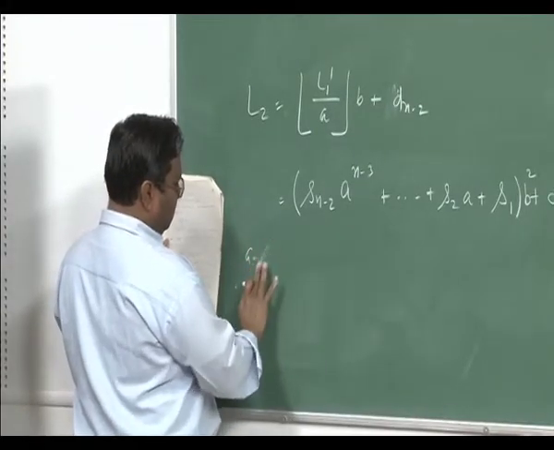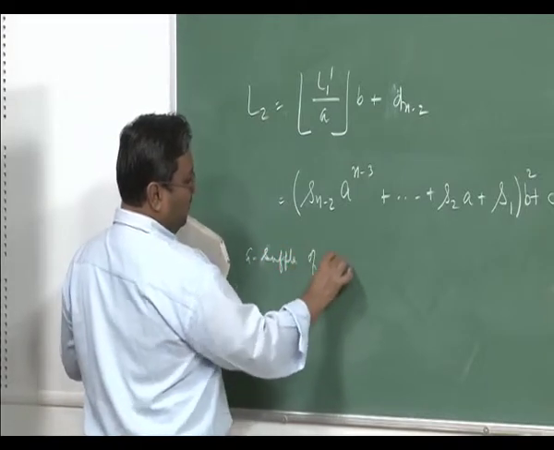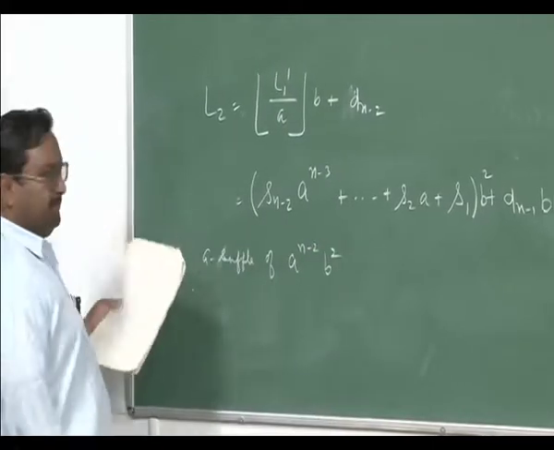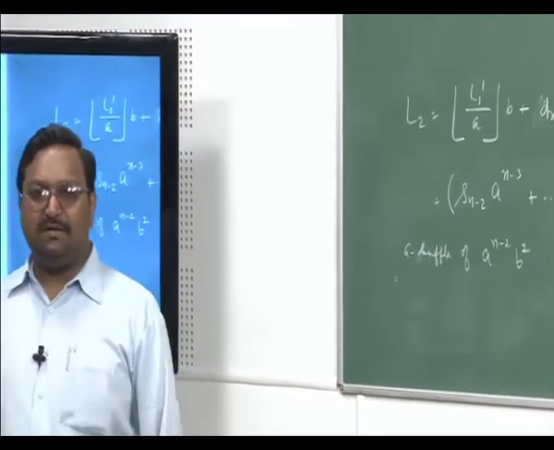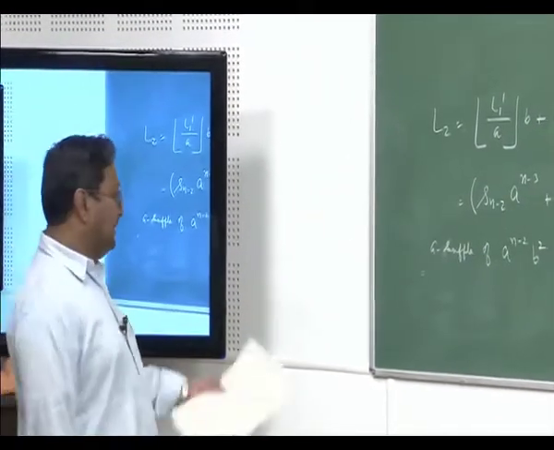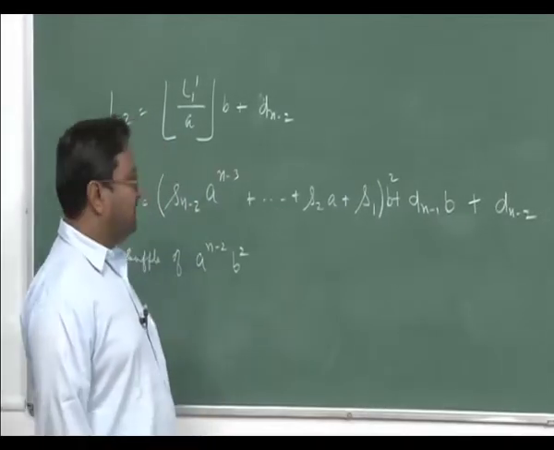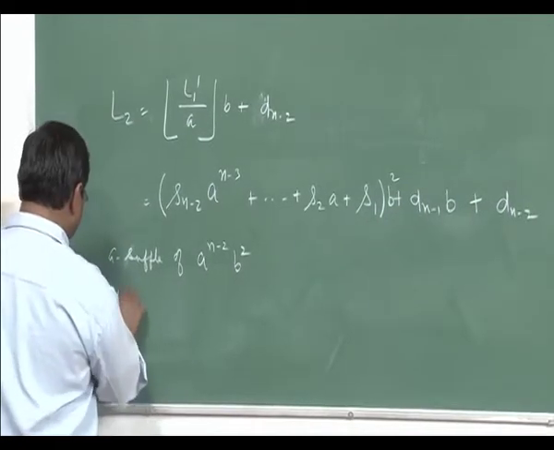Now the number of outputs which will be shuffled are these. Earlier it was a raised power n minus 1 into b outputs. Now these many outputs will now be shuffled. So it is a second shuffling interconnection. This will give me nothing but L2 prime.